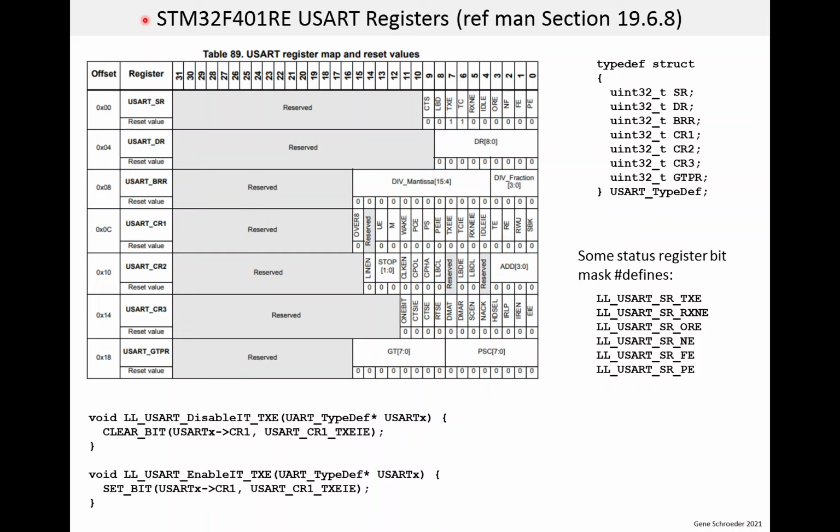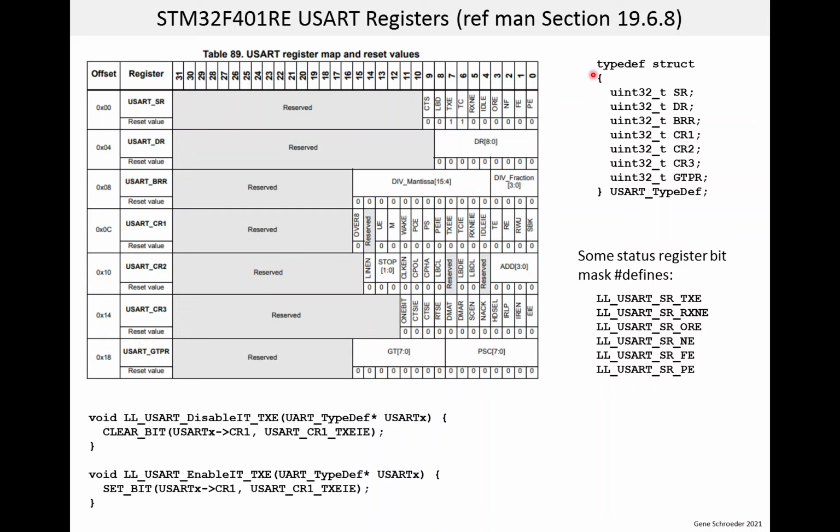To prepare for that, I want to review the UART registers and also look at some LL code related to the UART. So here's a UART register map, and you can see it has 7 registers.